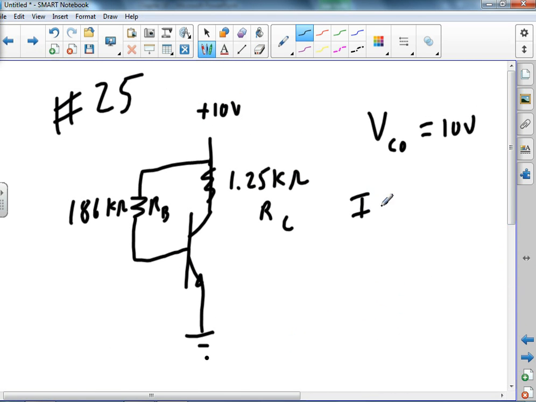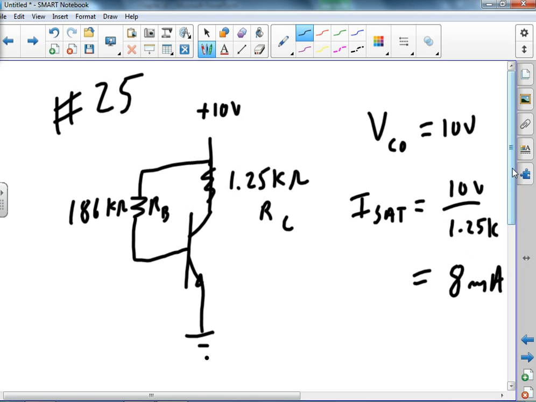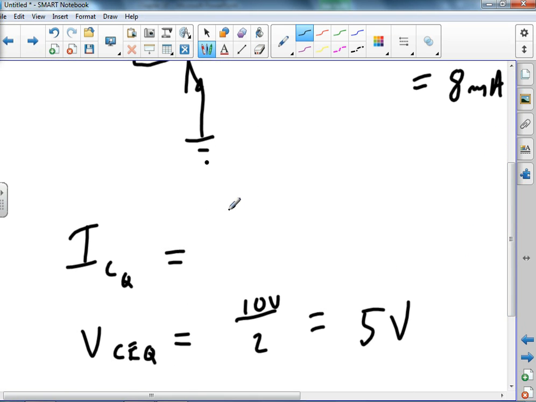The current saturation is going to be 10 volts divided by 1.25K. 10 divided by 1.25 E3 is going to be 8 milliamps. And so that's going to be 8 milliamps divided by 2, also known as 4 milliamps. And that's all there is to number 25.